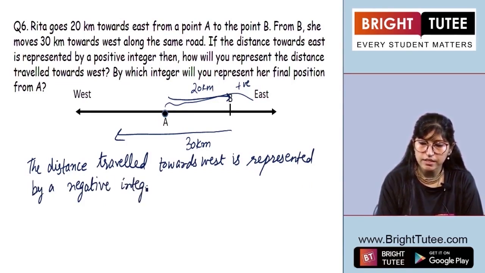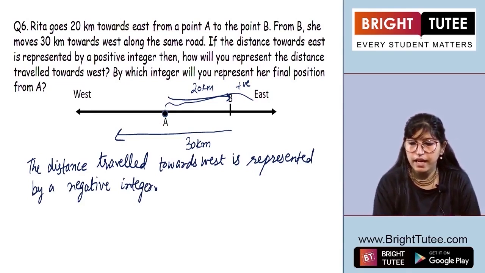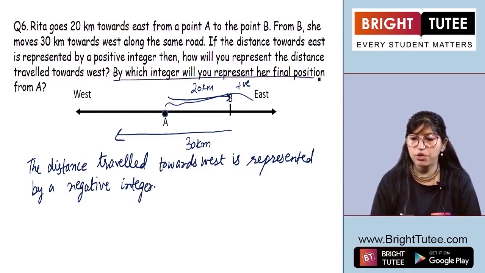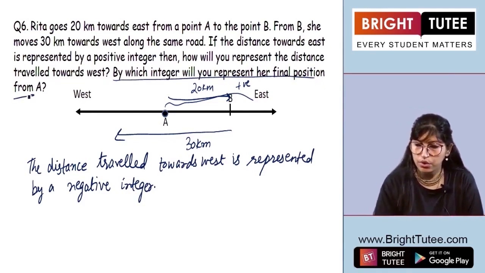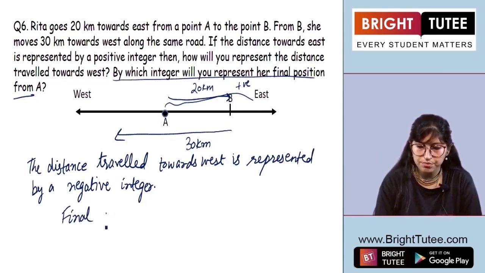Now what did they ask? The second thing which they asked is by which integer will we represent her final position from A. So the final position from A will be, so what do we do?